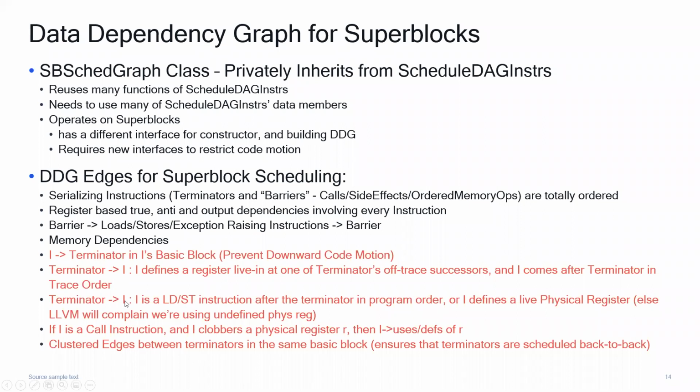From a load or store to another branch, that is already taken care of by the earlier edge. Another edge: if we have a call instruction, then we have to add register based dependencies among the registers that are modified by the call. The last one is an implementation specific thing, so we can ignore it for this purpose.